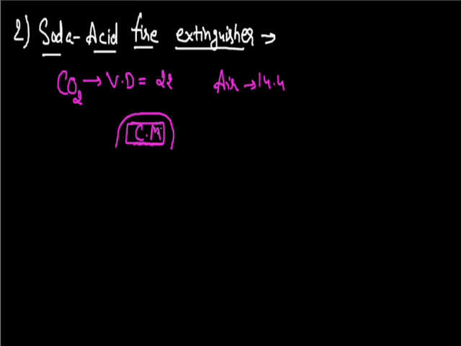And since air is lighter than this, oxygen cannot penetrate this layer of carbon dioxide and does not come in contact with the combustible material. Due to the absence of oxygen, which is the supporter of combustion, the fire can be put off.